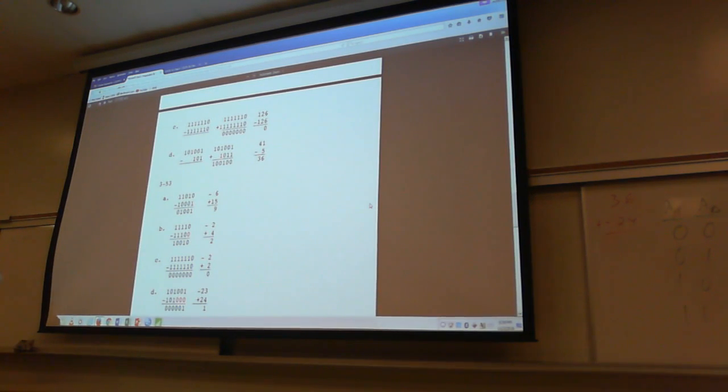What is the range of values those 4 bits can represent? Yes, negative 8 to 7.